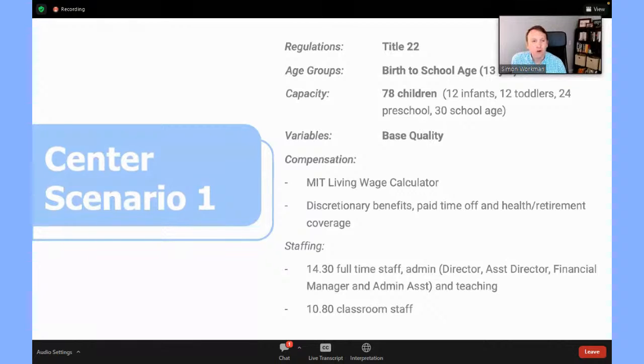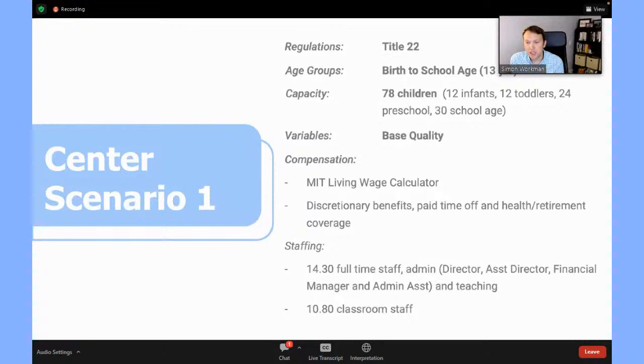So all of those things that were back on slide 12 are turned on in the model for the scenario. And like I said, the living wage calculator salaries we showed you earlier have the paid time off and some money for discretionary benefits. What the scenario plays out with in terms of total staffing is 14.3 full-time equivalent, and that includes a director, the assistant director, financial manager, admin assistant, and teaching staff.